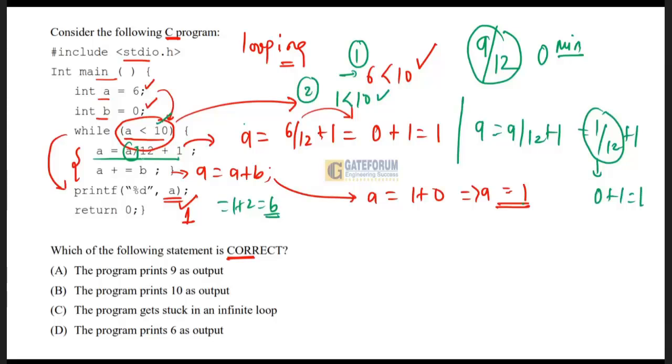The reason is the way the value of a is updated. Due to this, it will get stuck in an infinite loop. So option C, the program gets stuck in an infinite loop. I hope this question is clear.